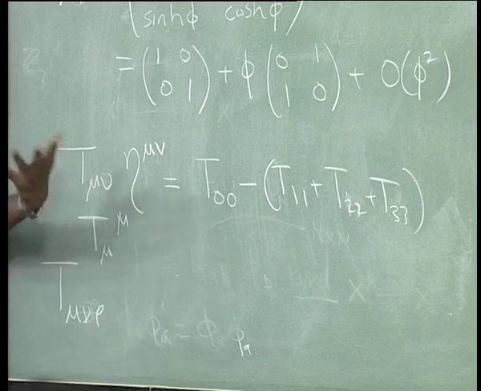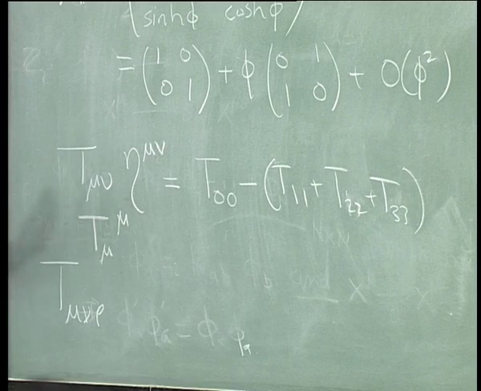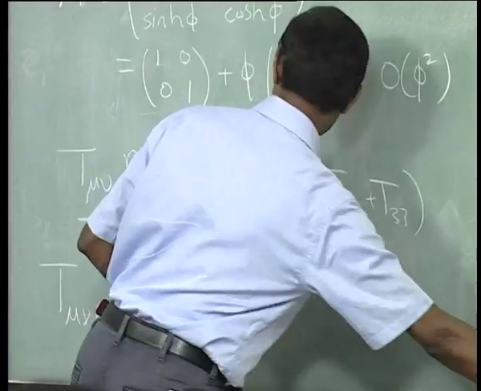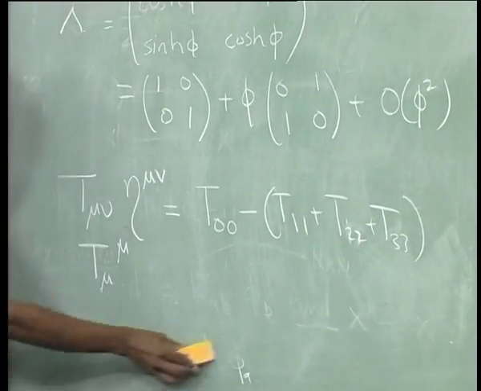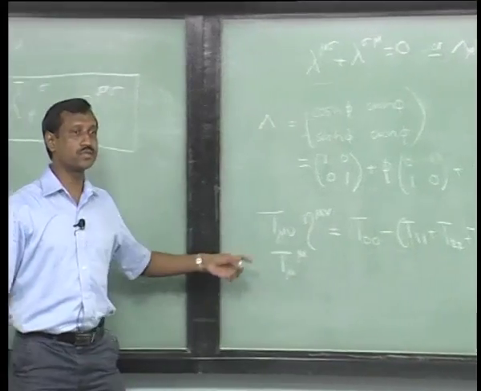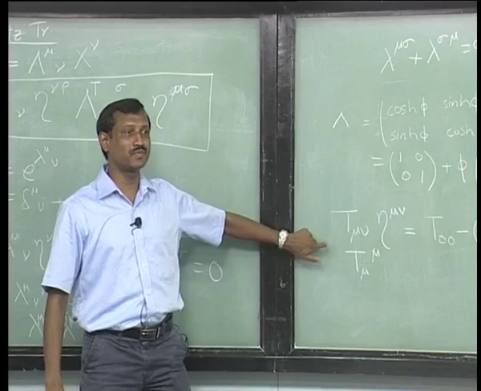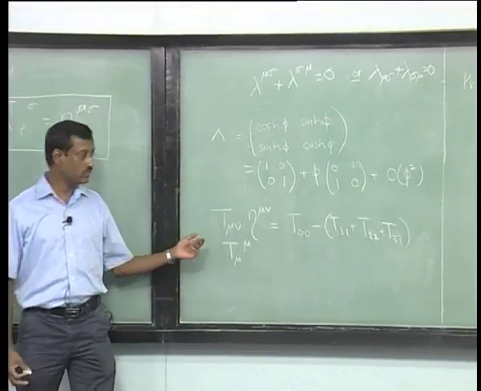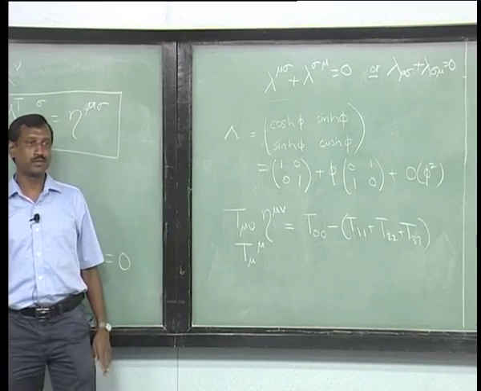You can trace over pairs of indices, that is perfectly possible. I just chose the simplest example, and this is something which will come up in this course. I am just warning you, because this is a common mistake people make.